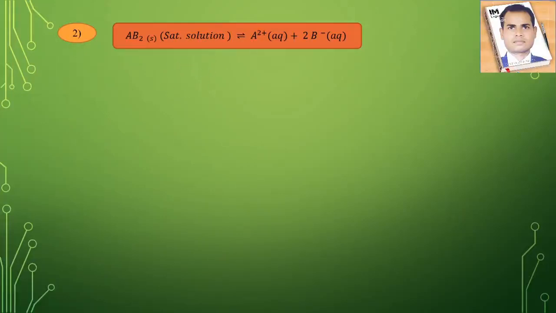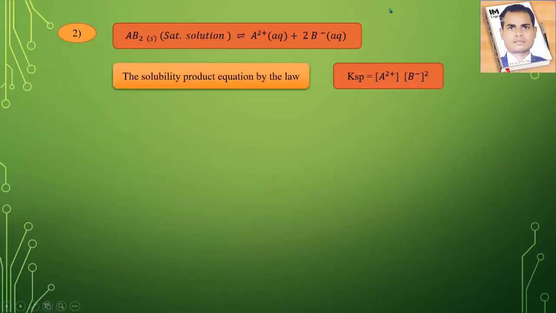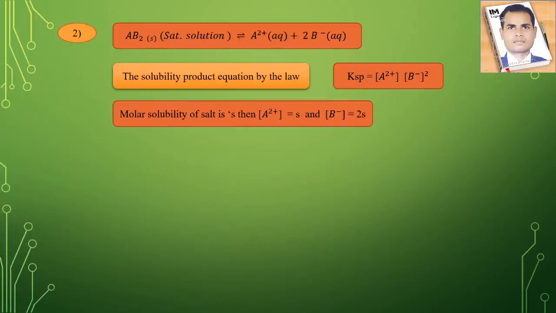The solubility product equation is KSP equals in bracket A2 plus into in bracket B minus whole square. Let the molar solubility of salt be S. Then in bracket A2 plus is equal to S and in bracket B minus is equal to 2S. With the bracket square, we consider 2, and for the other species there is only one, so we consider 1S.